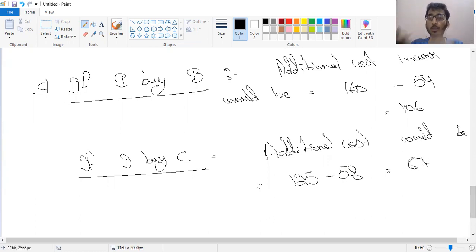So which option is better? Definitely buying C would be better since we are having less additional cost.